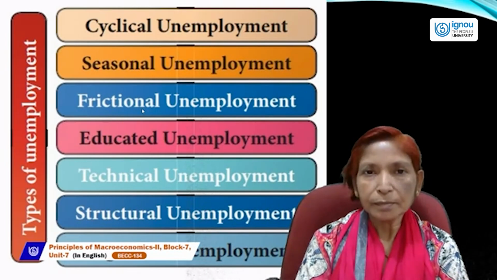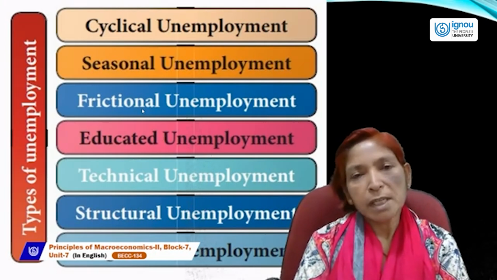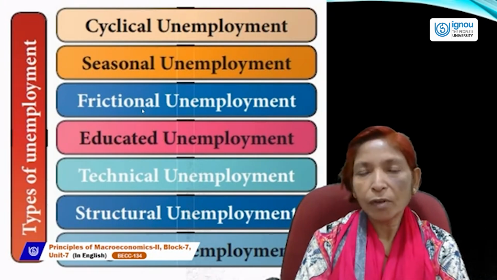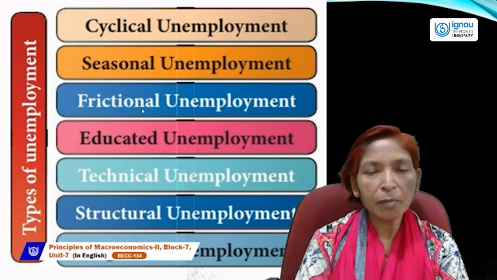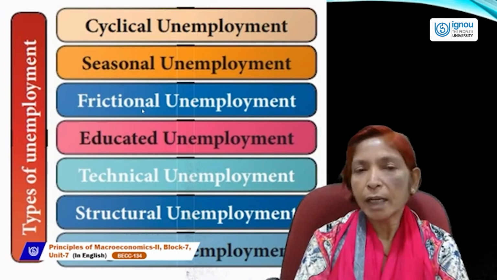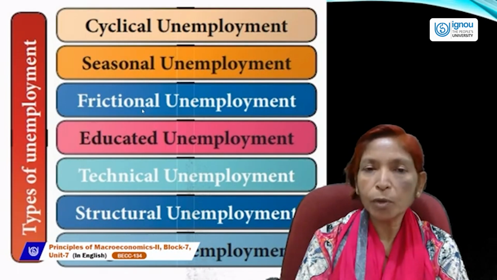recession. After that, the business cycle recovery stage will work, and in the recovery stage we will recover from the depression period, and then the economy will again reach the situation of boom.